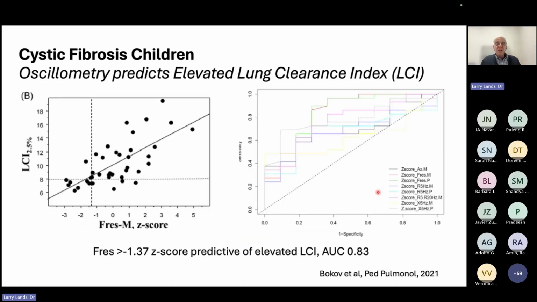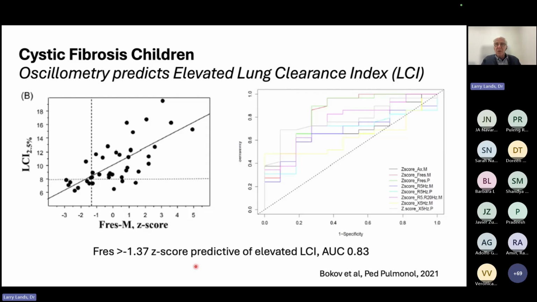There have been studies, and this one was done by somebody else, in patients who had normal spirometry. They found that if the resonant frequency had an elevated Z score, then you were more likely to have an elevated lung clearance index. A lung clearance index is a somewhat complicated test.